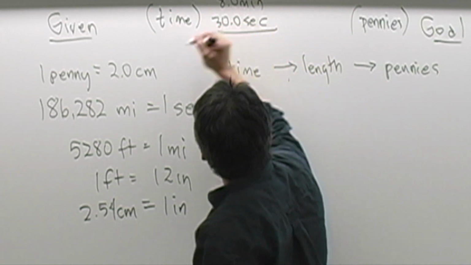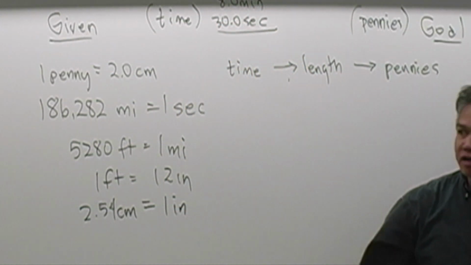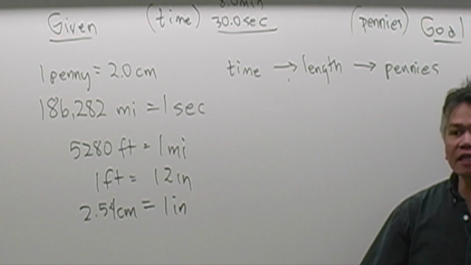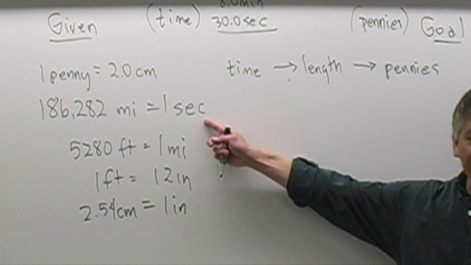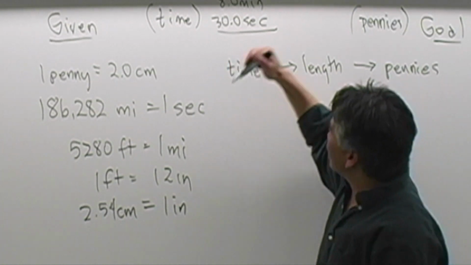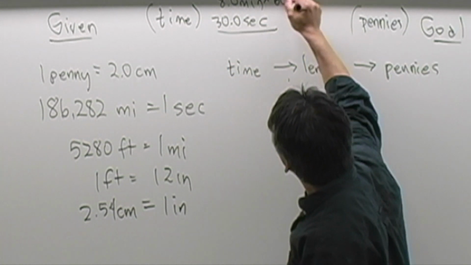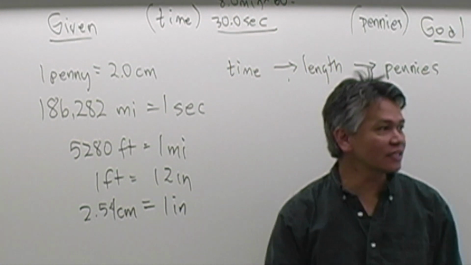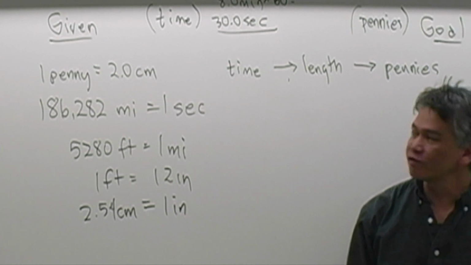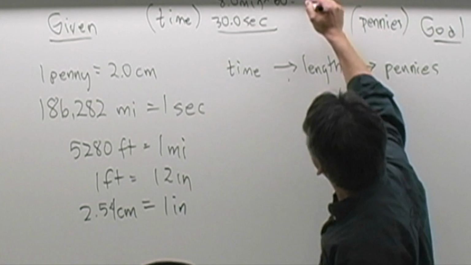Now the problem with this is that these are not the same units. So you have to either get it all in minutes or all in seconds. It's probably easier to get it in seconds because we have seconds here. So we know that 8 times 60 is going to give us how many seconds for the 8 minutes, and that would be 480.